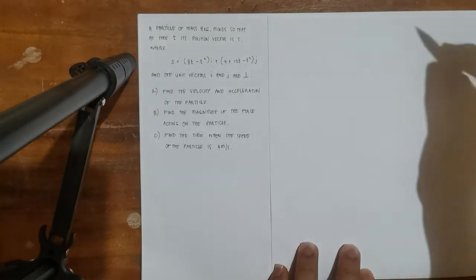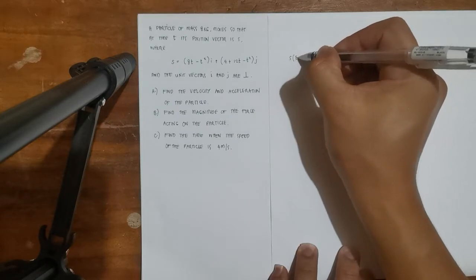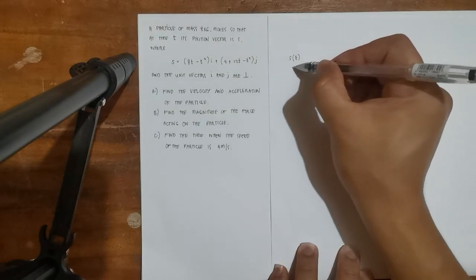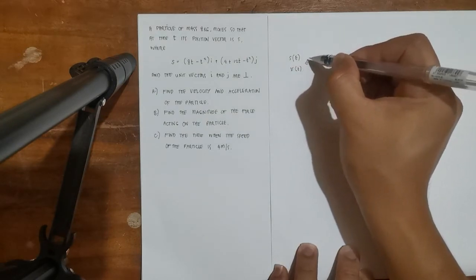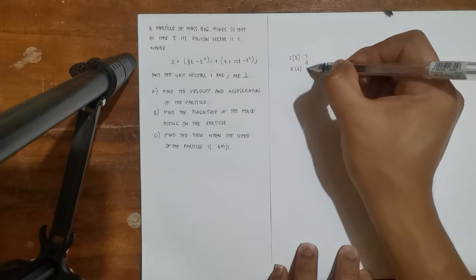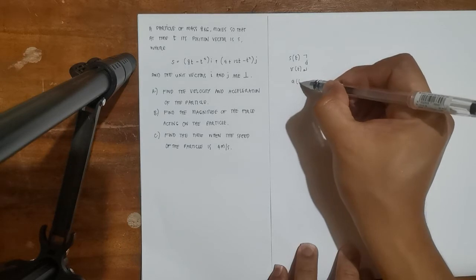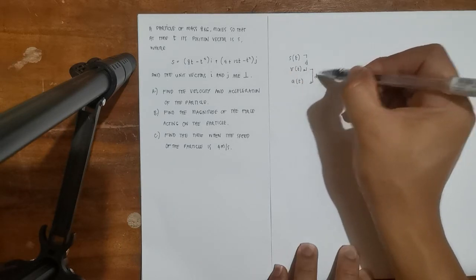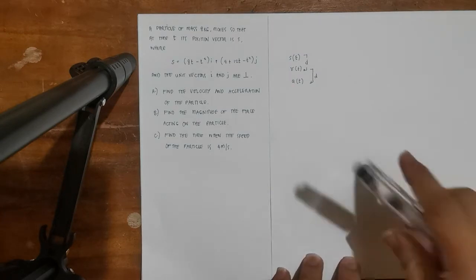So, nasa modules nyo po yan. So, case number 1, pag meron tayong s sa function of time, para makuha yung velocity sa function of time, derivation lang po tayo yun. And then, para makuha yung acceleration sa function of time, i-derive lang po natin ulit yun. Okay, so that is case number 1.